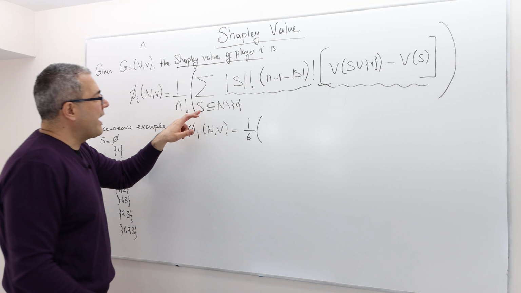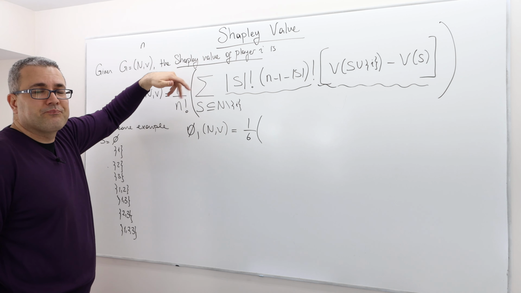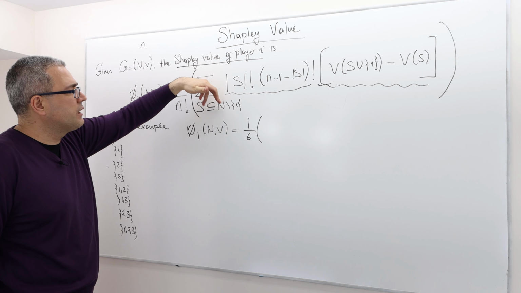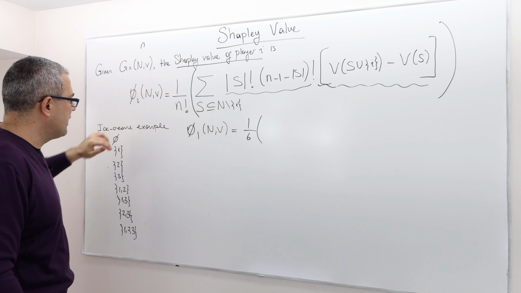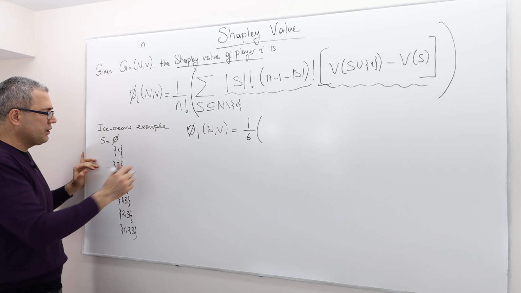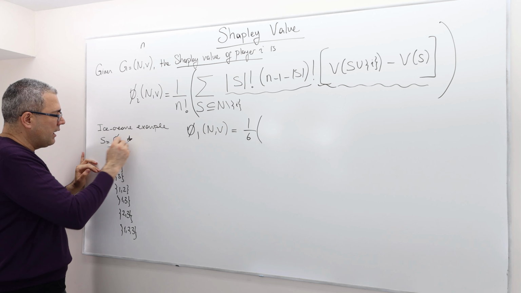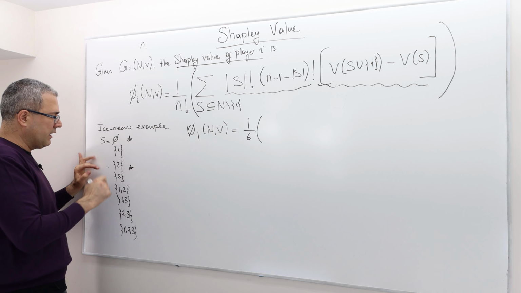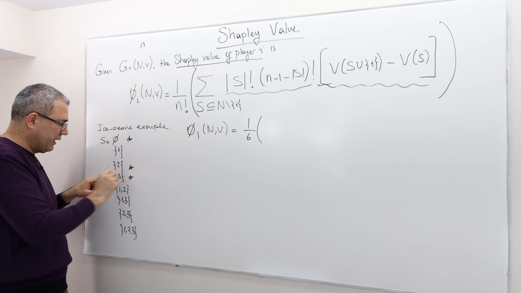All right. So for every coalition S which doesn't include i. Here I'm talking about player 1. So what are those coalitions? Well, obviously, the empty coalition, the coalition of player 2 only, player 3 only, and 2, 3.